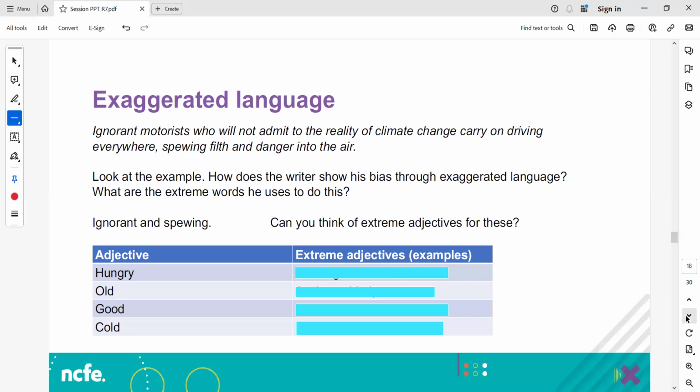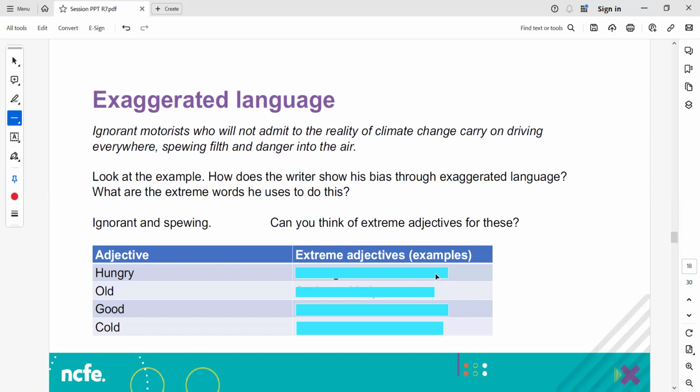So we've got the word ignorant and spewing filth, danger. That shows us which side of the argument the writer is on. Okay, so his bias is that motorists are causing climate change. So it's using that extreme or exaggerated language and that shows us his bias or her bias.